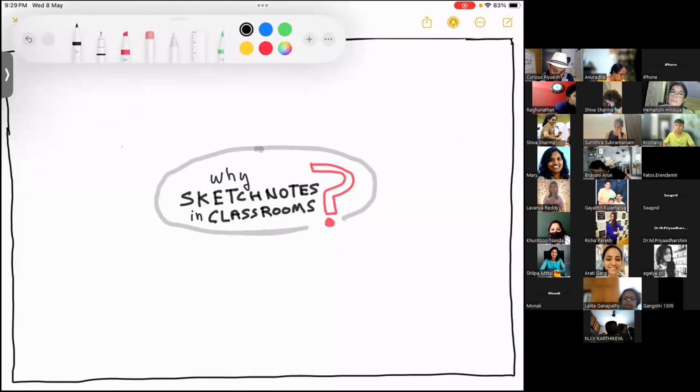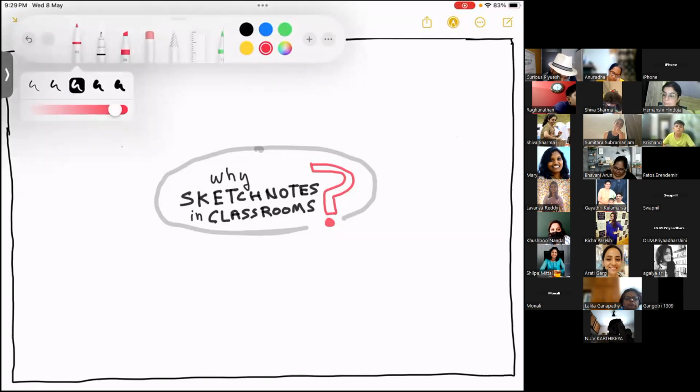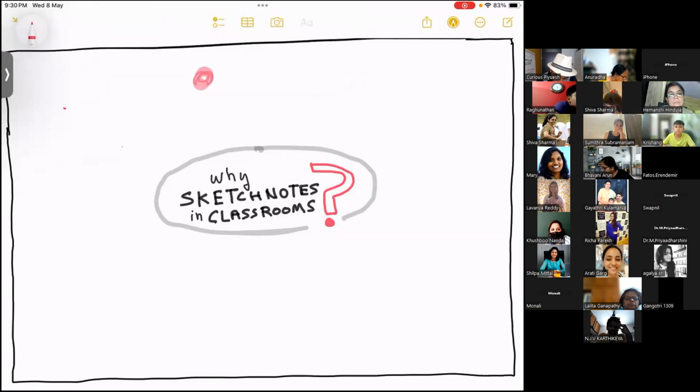And now I have to write points. So the first point was, if I remember it right, it makes things simple. So let me write it here. I am choosing this red kind of a color to make my pointer.